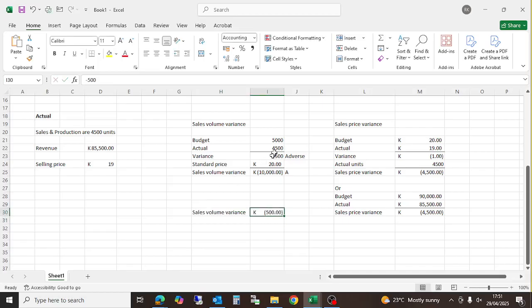It's not money, so change this. Negative 500. That's our sales volume variance.